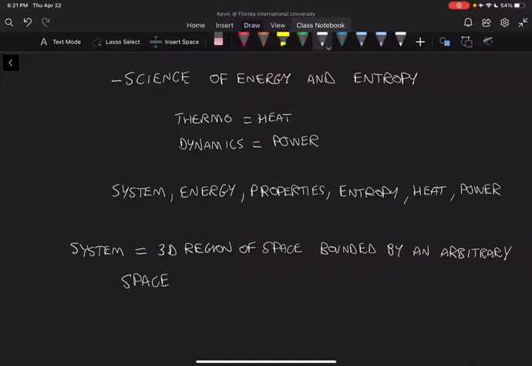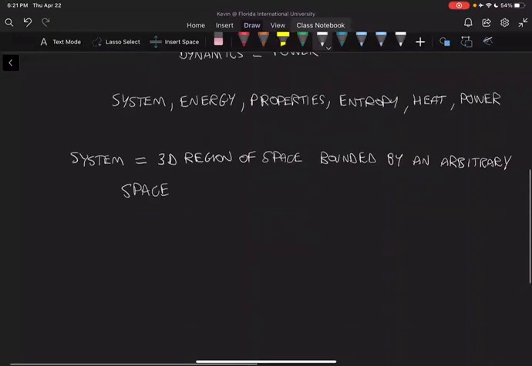There are two different types of systems in our thermodynamics class. One is a closed system, and the other is an open system.